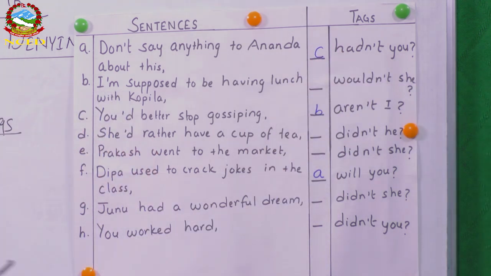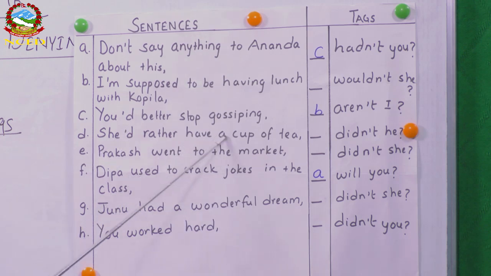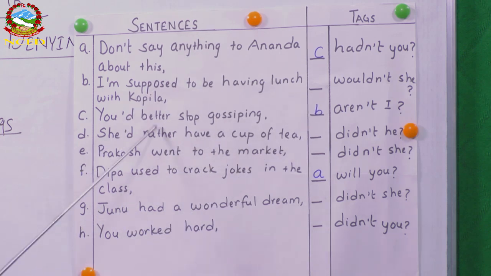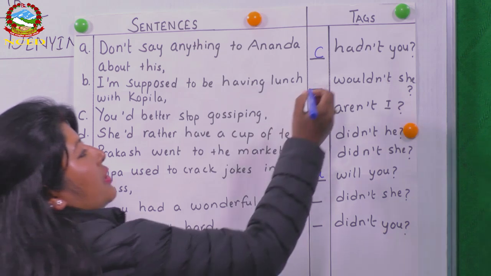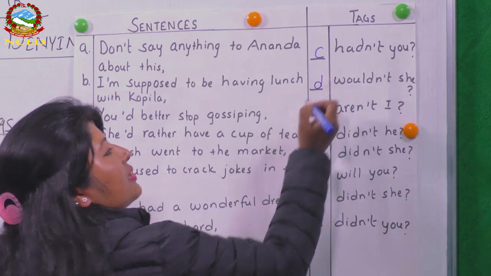Okay, keep guessing for the next one. She'd rather have a cup of tea. So what is apostrophe D before rather? What is it? Would, right? She would rather have a cup of tea. So we need wouldn't. This is number D.